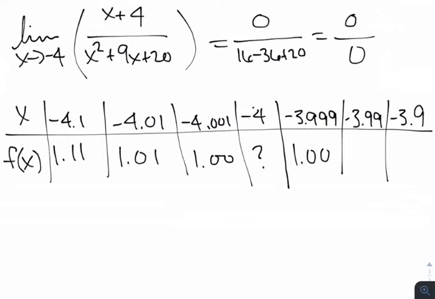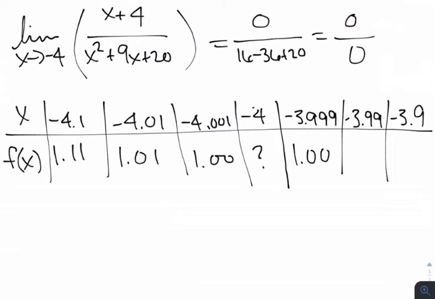So let's just go ahead and do it. So negative 3.99 plus 4, that comes out to 0.01. And then you divide that by negative 3.99 squared plus 9 times negative 3.99, or 3.999, I should say. Alright, let's go back and do negative 3.999 plus 4. That comes out to 0.001.